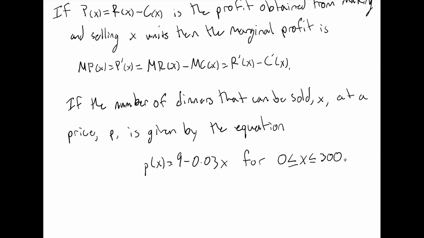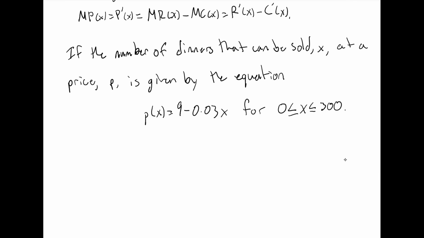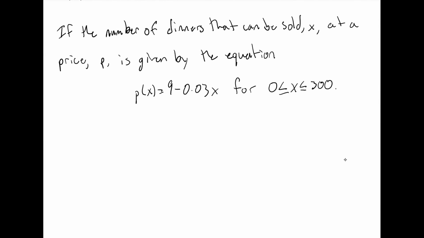Okay, now notice this little p is not the same as big P for profit. So this is not our profit function here. This is basically just saying how much you can charge depending on how many meals you make. So not R, because we're not saying this is our restaurant.